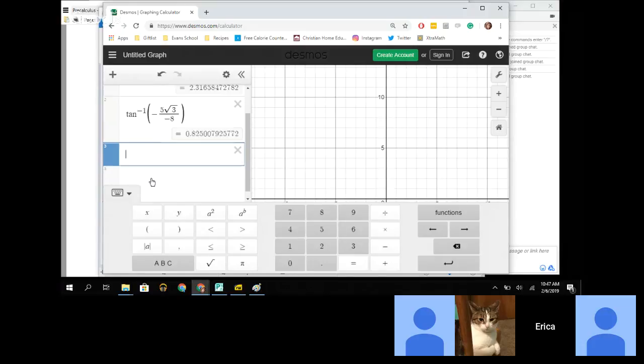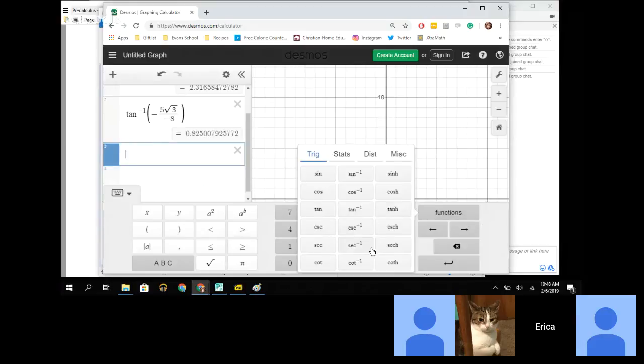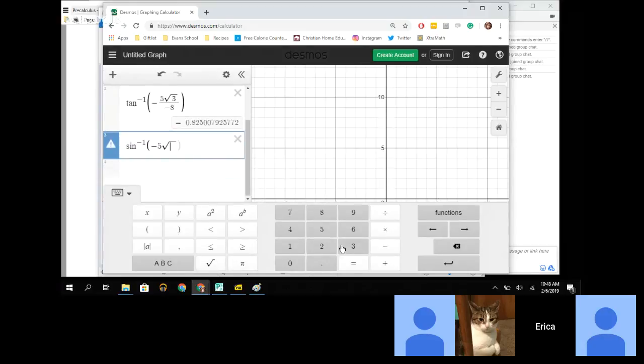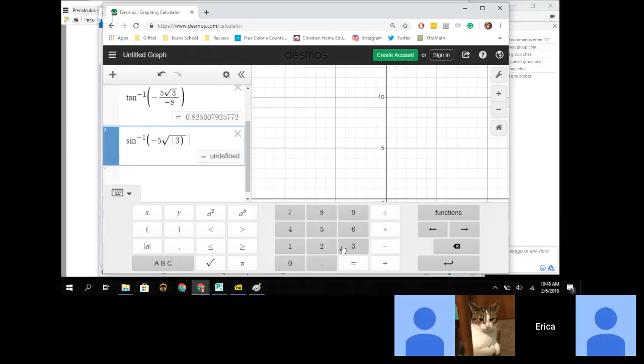If I do the sine. So if I do the inverse sine of -5 square root of 3. Oh, I get undefined. That's good.